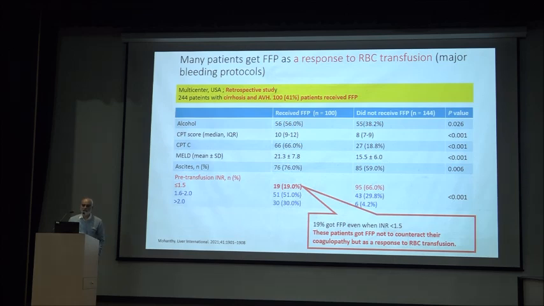As we saw in the previous study we had discussed, about 19% of the patients who received FFP had INR less than or equal to 1.5. So they were technically not coagulopathic. In these patients, FFP was given not to improve their coagulation, but as a response to RBC transfusion.